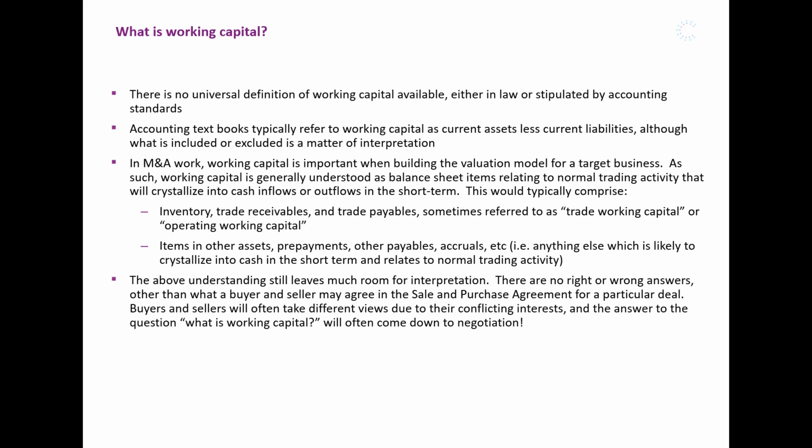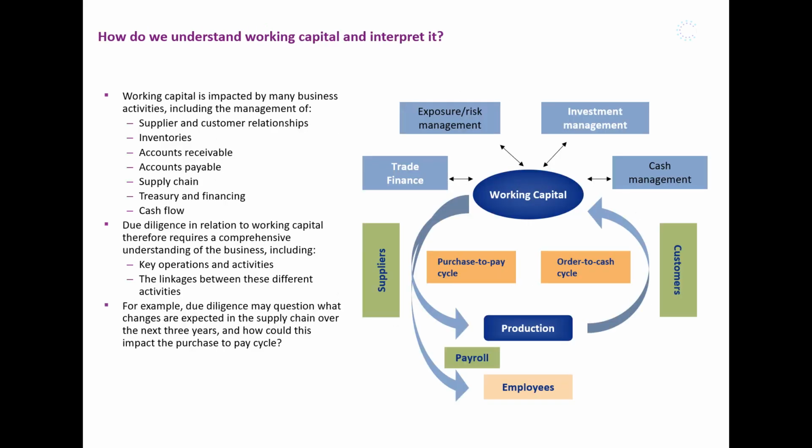What the buyer may view as working capital may differ from what the seller views as working capital, particularly when you take into account their conflicting interests on the deal, with the seller wanting to maximize the purchase price and the buyer wanting to minimize the purchase price. So the correct answer at the end often comes down to negotiation and what is agreed by both parties to get the deal done.